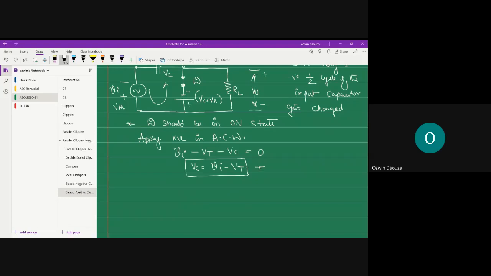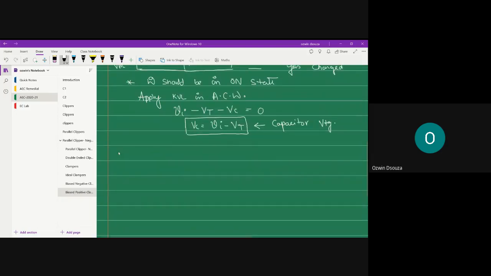So this is the capacitor voltage. Once you are done with finding out the value for the capacitor voltage, you can proceed to finding out the output.